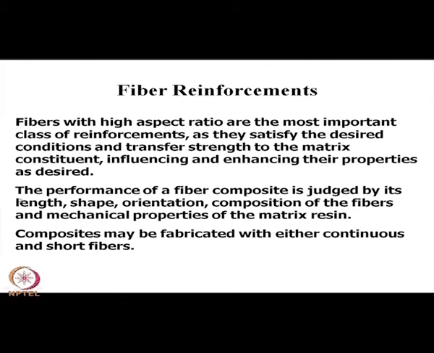The performance of a fiber composite is judged by its length, shape, orientation, composition of the fibers and mechanical properties of the matrix phase. Composites may be fabricated with either continuous or short fibers. As you have seen, a composite may be made from particles.